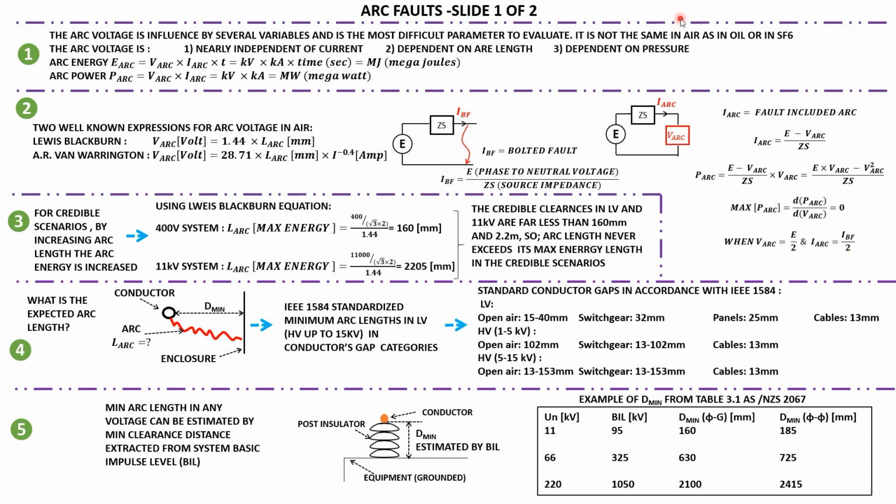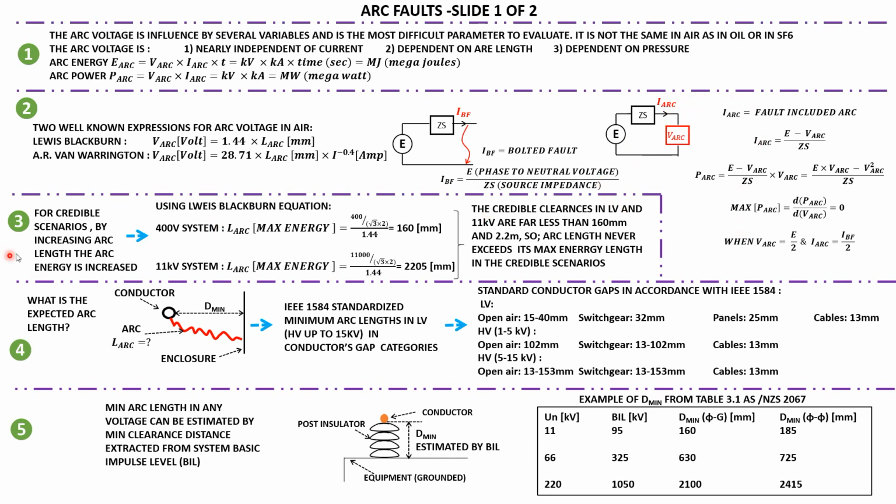Beyond that point, by increasing the arc length or V arc, the energy of the arc will reduce. So by increasing the arc length up to some point, we increase the arc energy, and passing that point, which is half of the source voltage, the arc energy decreases.